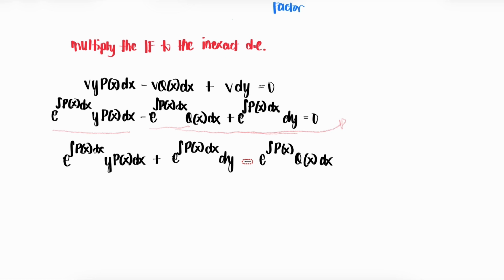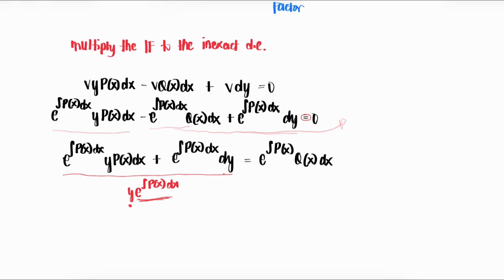Now this term right here on the left side is actually an exact differential of y e to the integral of p of x dx. Okay, so it's an integrable combination because when you find the differential here, you copy y, take the derivative of this one, and then copy this, and then the differential of y, which is dy.